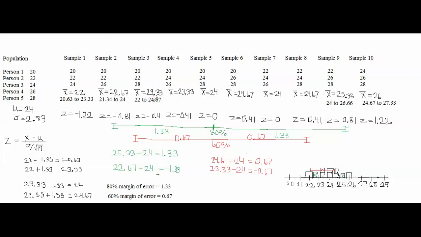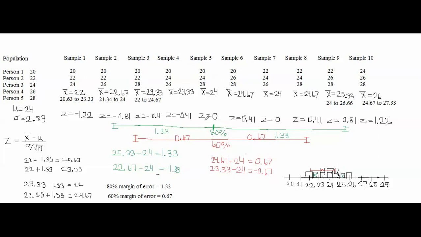When I create the confidence interval with one of those samples, when you add the margin of error, it goes up to 24.67. So this is going up to 24.67. It's crossing over, it's going past the population mean.